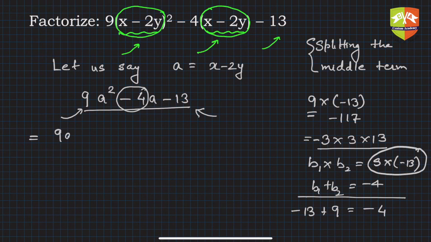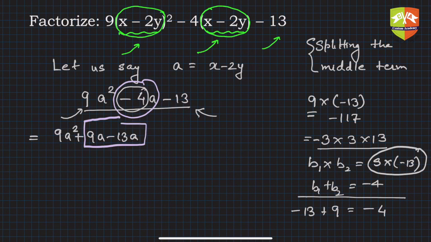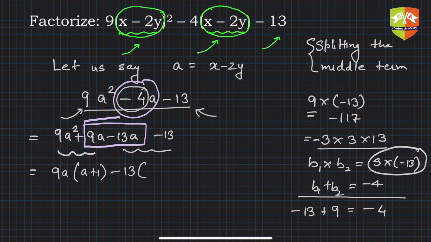So 9a squared minus 4a can be written as minus 13a plus 9a, so that you can take common terms. Then minus 13 simply, and it follows: 9a common, (a plus 1), minus 13 common, (a plus 1), isn't it?